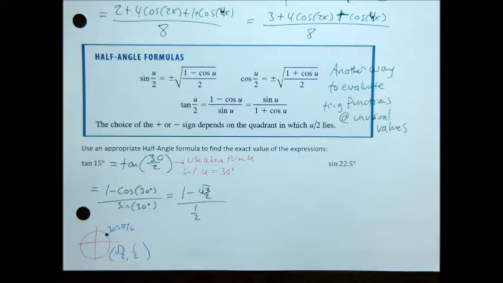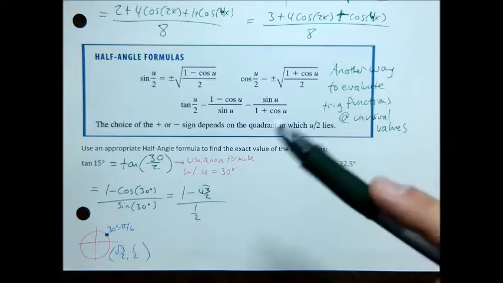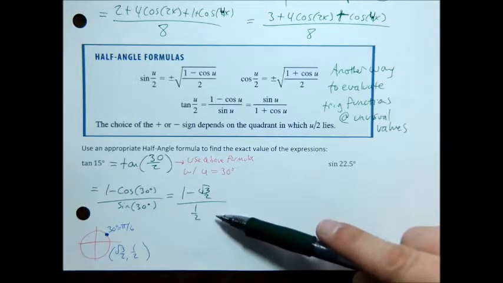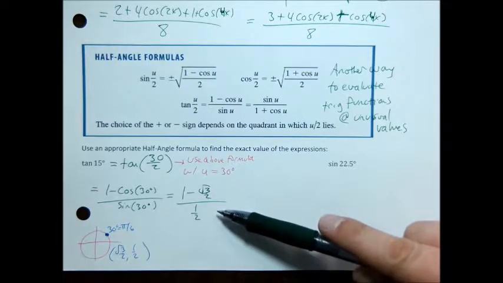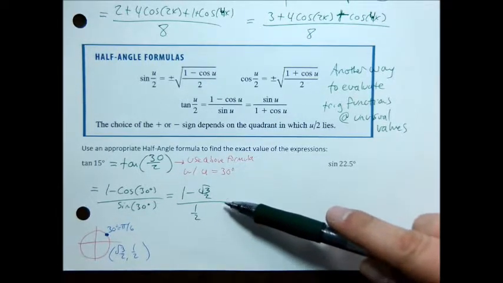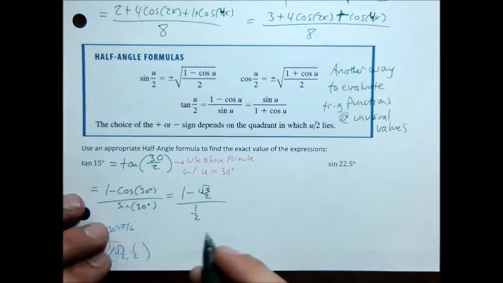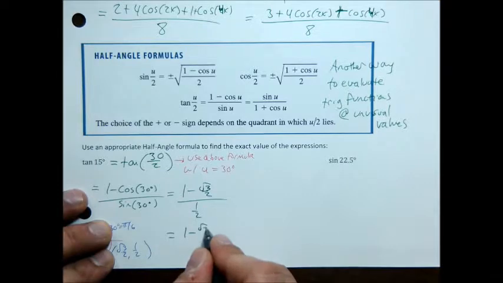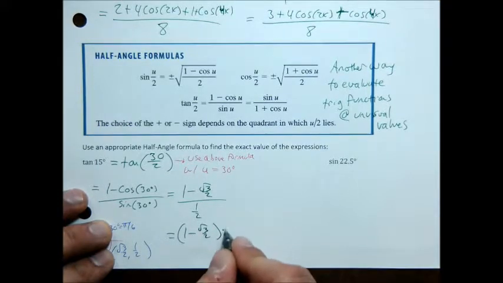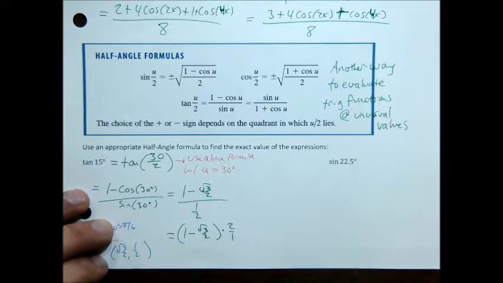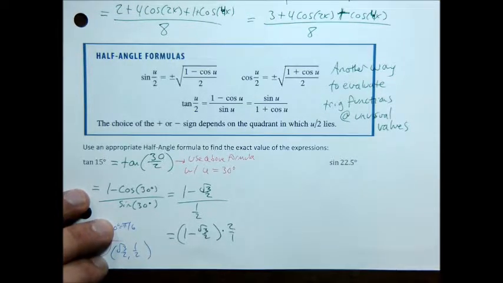Questions so far? How do we simplify this thing? We got a fraction doing the dividing. Multiply by 2. Or the other way to think about it is you flip the 1/2 and multiply it by the top. You flip the 1/2 on the bottom, multiply it by the top.